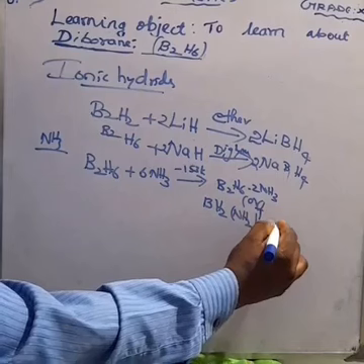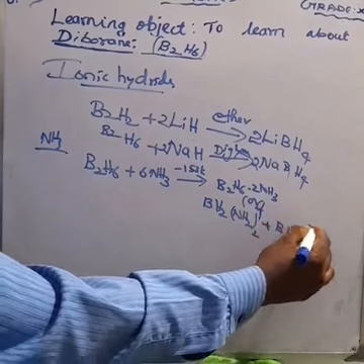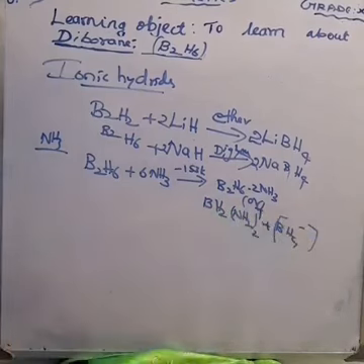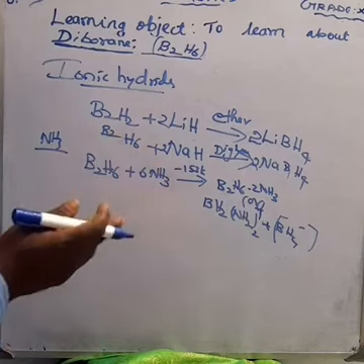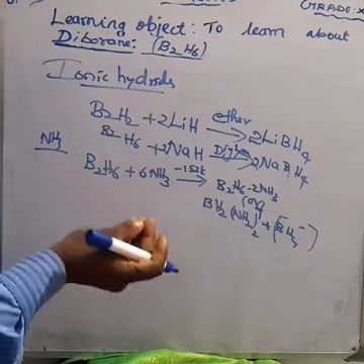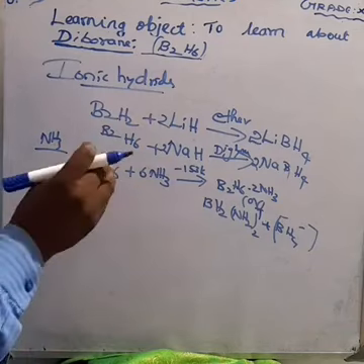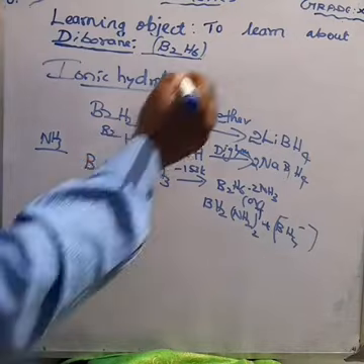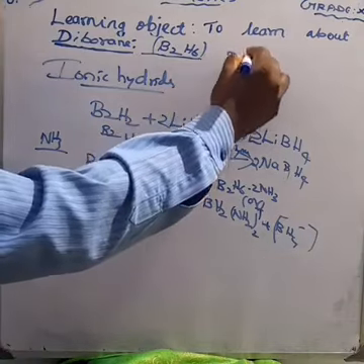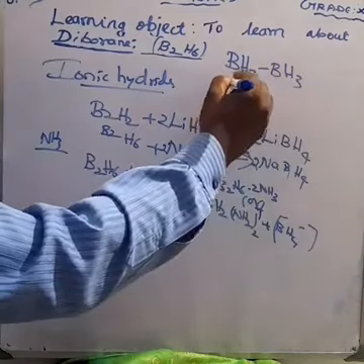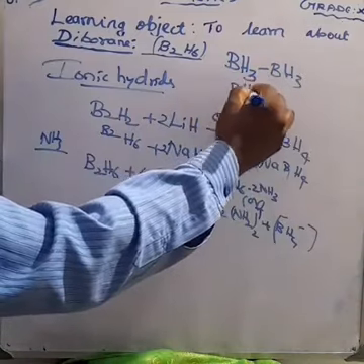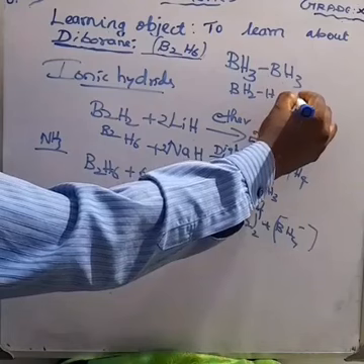My dear children, how is the product obtained from the ammonia? This product is directly obtained, but the diborane can be written as BH3. Am I right? Otherwise we can write it as BH2H BH3.